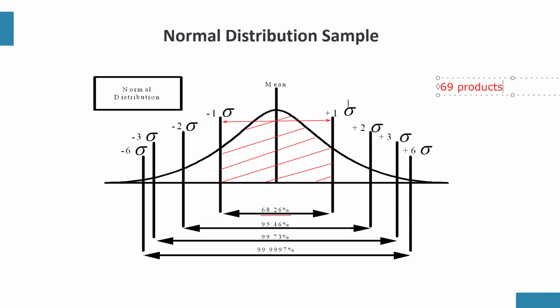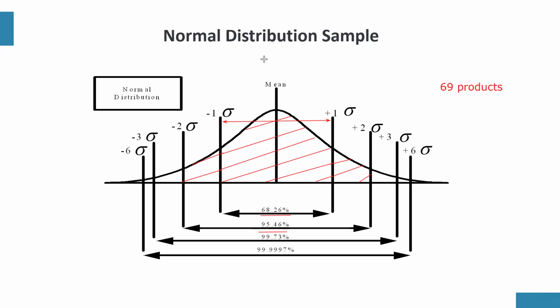But if a company is operating at 2 sigma, what does it mean? 2 sigma means that we extend the area to where plus 2 and minus 2 exist. That means 2 sigma is this area, and 2 sigma is 95.46%.